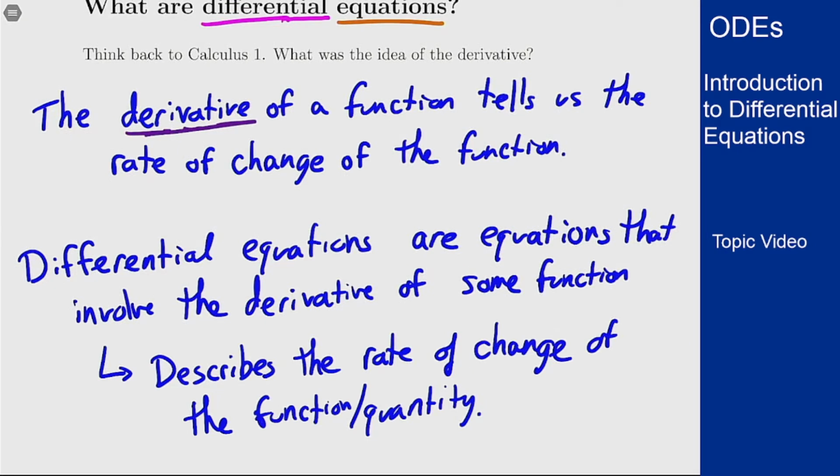And when we think about solving these equations, that means that I want to use this description of the rate of change, sort of go backwards, and figure out what the actual quantity is doing, because I know what the rate of change is. So taking the rate of change and solving to figure out what the actual function is itself, to see how that thing behaves, where it reaches certain values, does it get bigger and bigger or smaller and smaller? How is this going to behave based on knowing how the rate of change works?